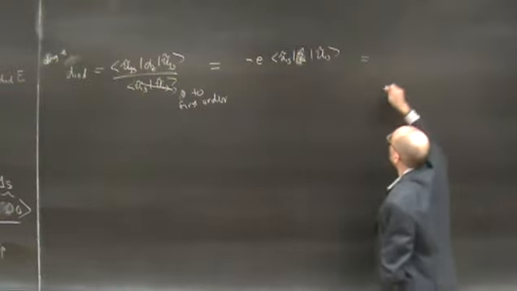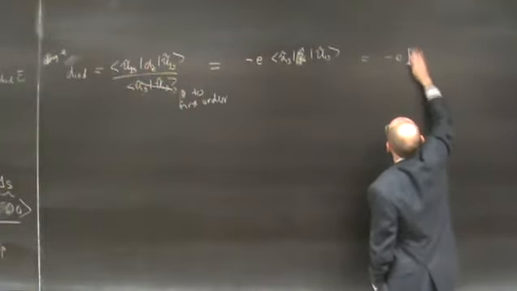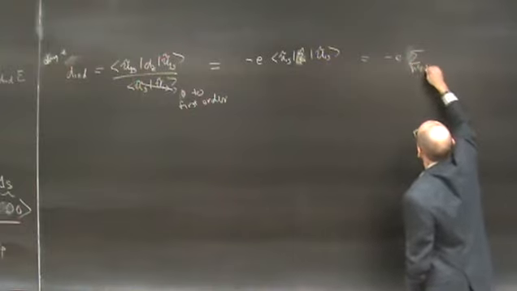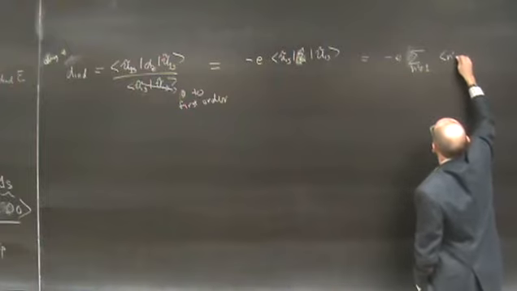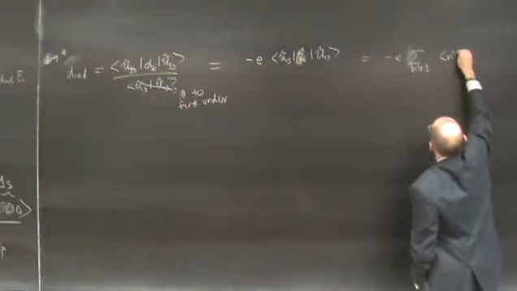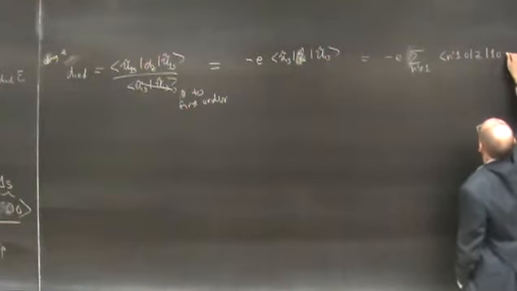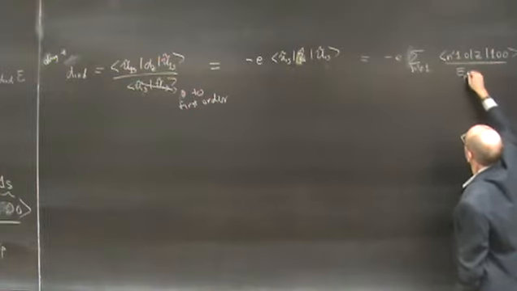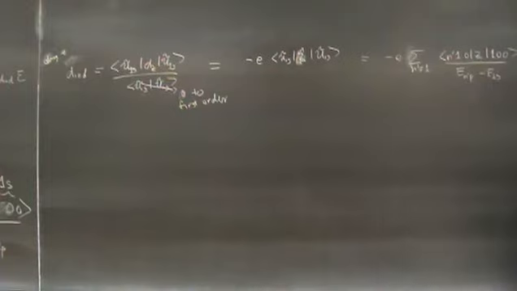This is equal to minus E, I have the sum over all n prime not equal to 1, of n prime 1 0 0 z 1 0 0 divided by E n prime minus E1s, plus the conjugate.